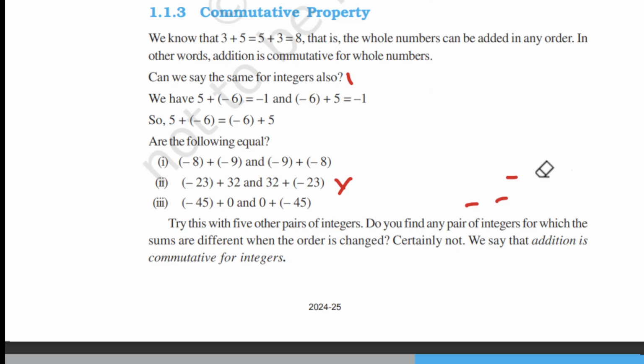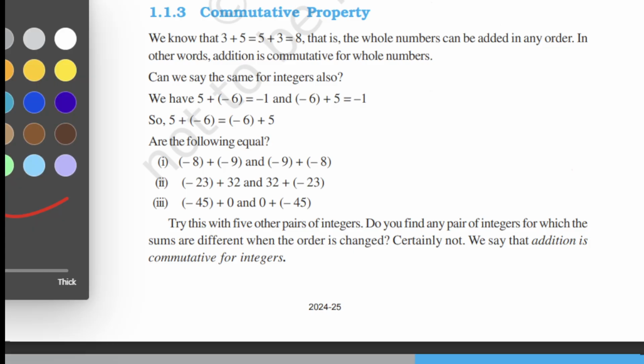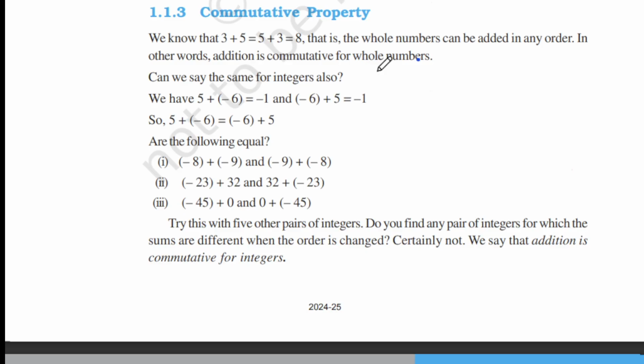Let me erase all the things. This is very simple. Let me change the color to blue. I'll do maybe two pairs. This is the first pair: minus 2 plus 7 is equal to 7 plus minus 2.